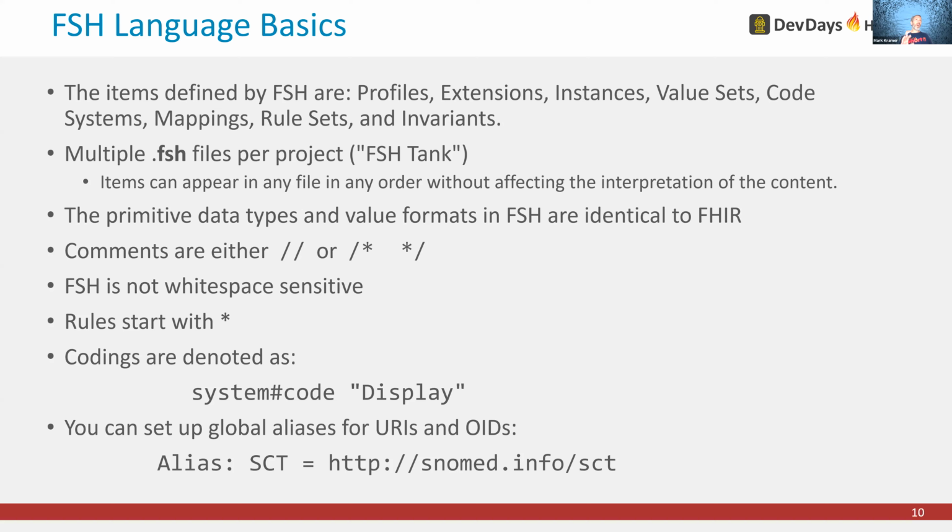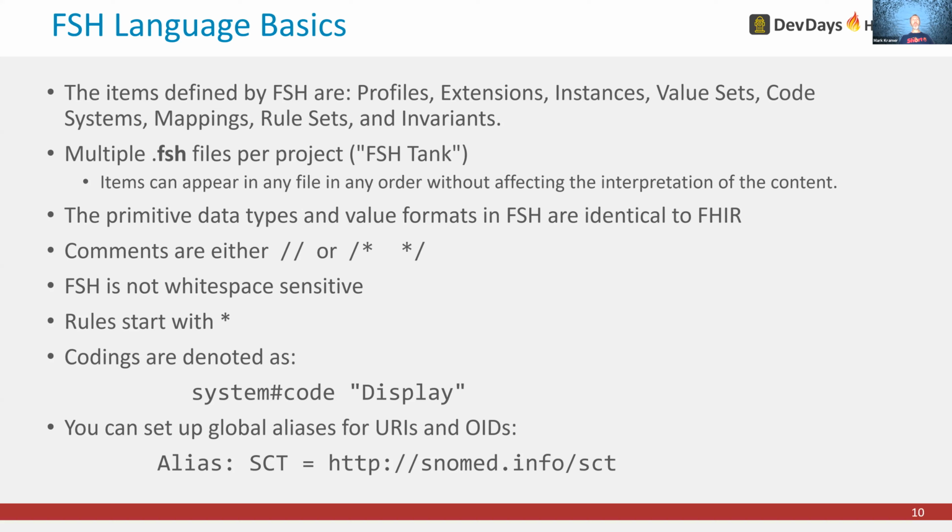So you can divide up your items any way you'd like, any way that makes sense for your project within that FSH Tank. So you may put all the profiles in one file, all the value sets in another file, or you can arrange it differently so that everything that's related, the profile, extensions and value sets, they're all together in one file. Lots of different ways to do it.